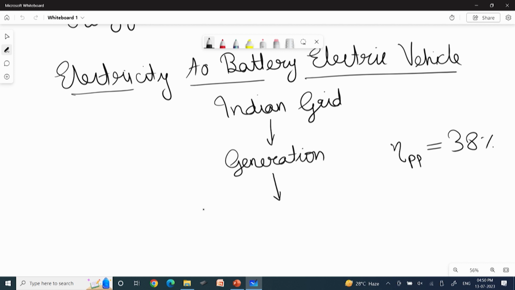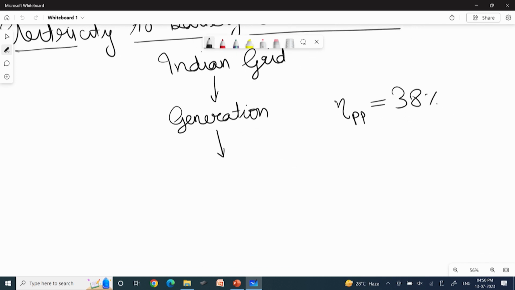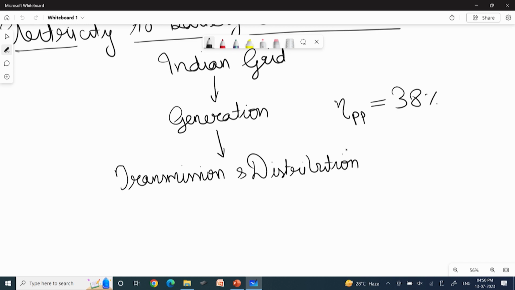Then would be the transmission and distribution, and this would have an efficiency of around 78%. So, the Indian grid has a lot of losses and it is not very efficient as such.